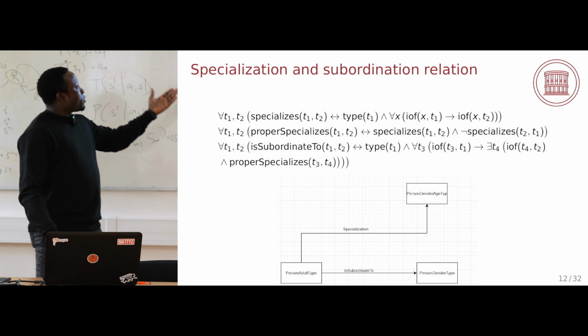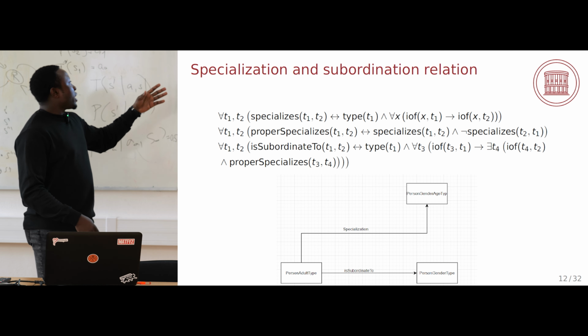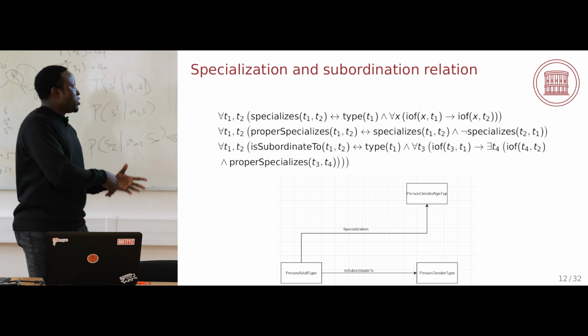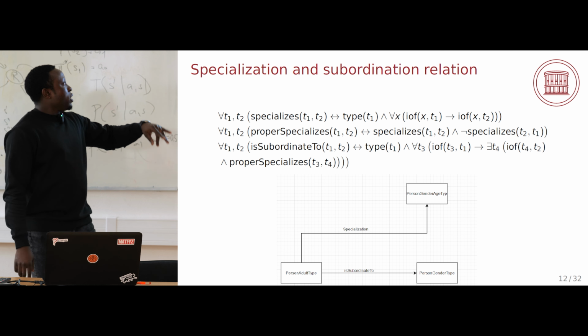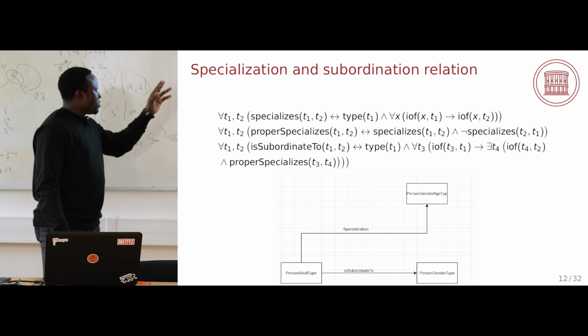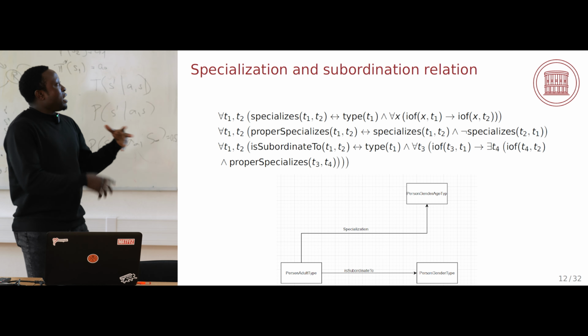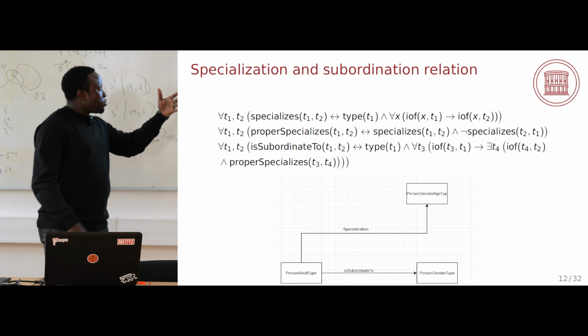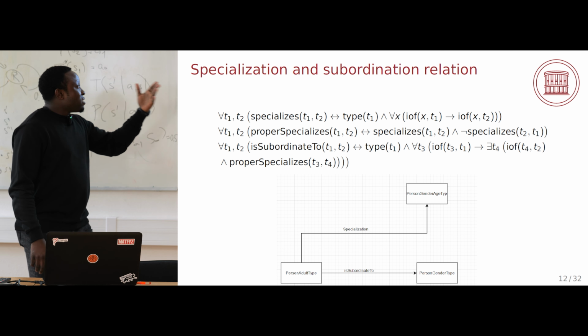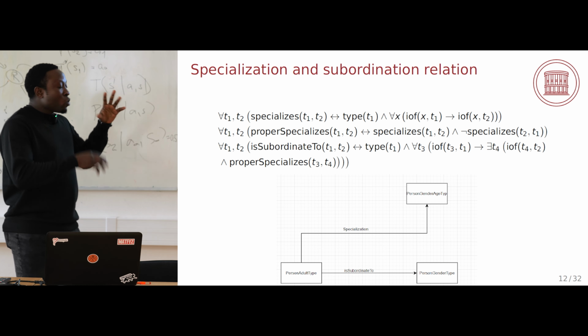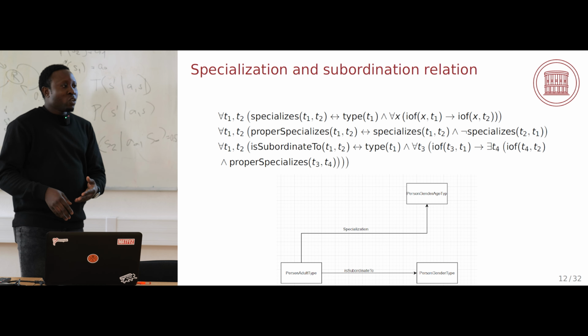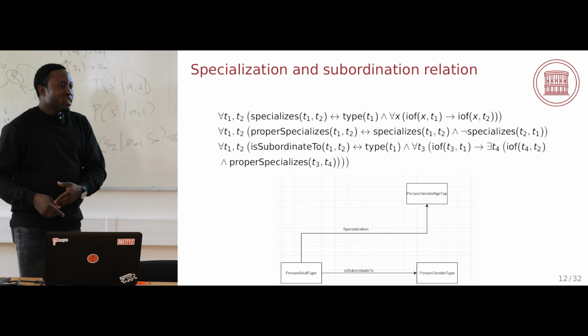And then in terms of subordination, if I have a class T1 and a class T2, I can say T1 is subordinate to T2 if for all instances of T1, there exists an instance of T2, and those instances are proper specializations of those instances in T2.